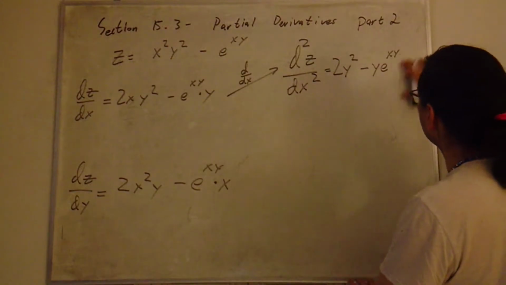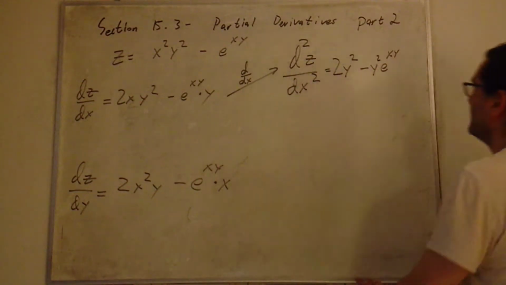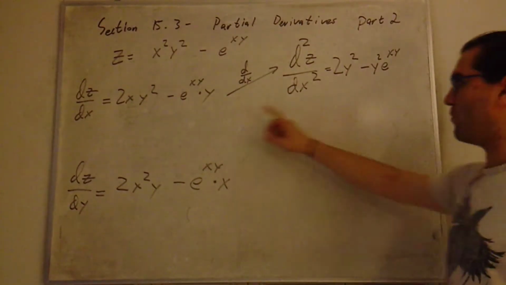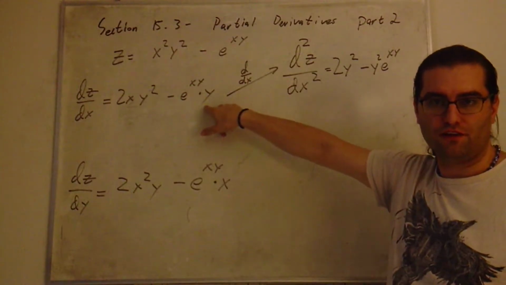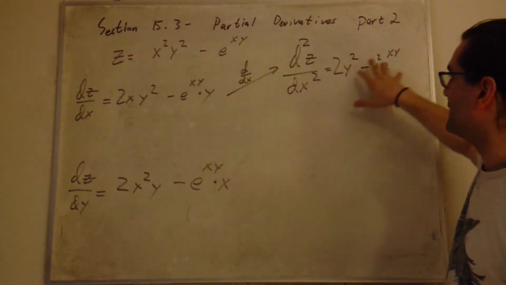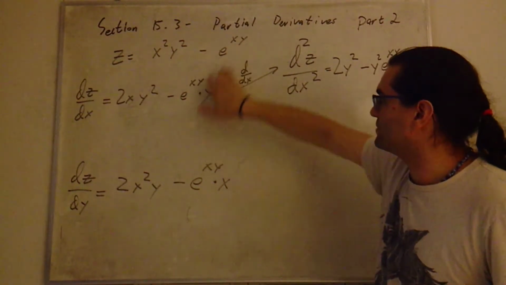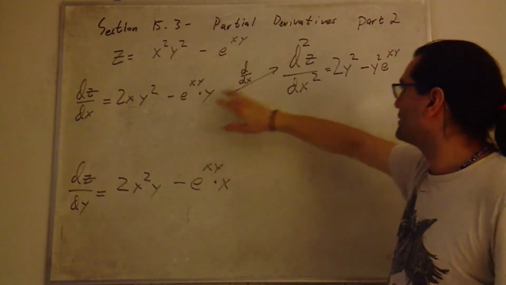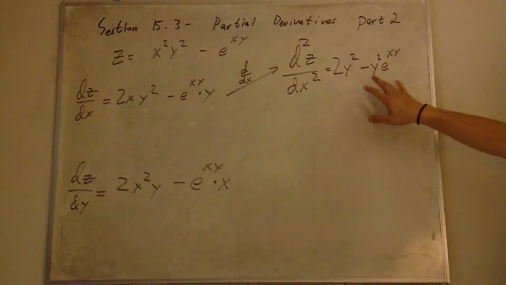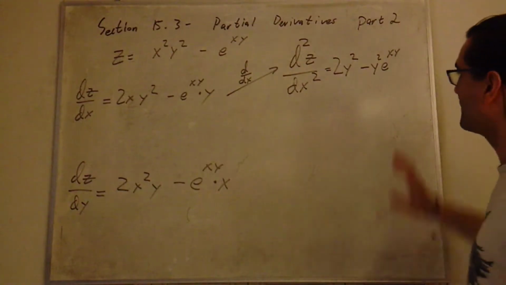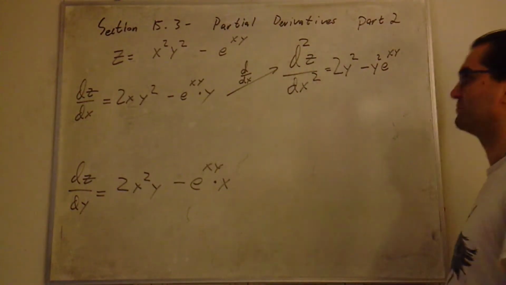So after I simplify this, I should get y squared e to the xy. One of the y's was already here, just hanging out like it's a coefficient because it's not really involved. The other y gets introduced from the chain rule, just like this y got introduced from this chain rule. So one of them started there, the other one gets introduced by the chain rule. Gives us two y's. So we have 2y squared minus y squared e to the xy. This is the second partial derivative with respect to x twice.